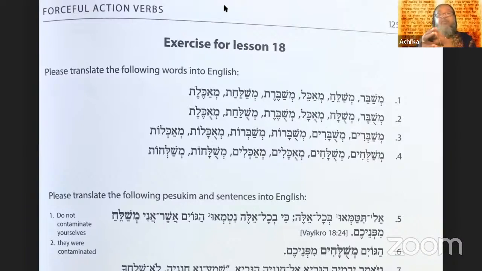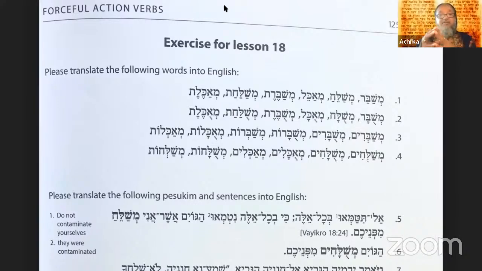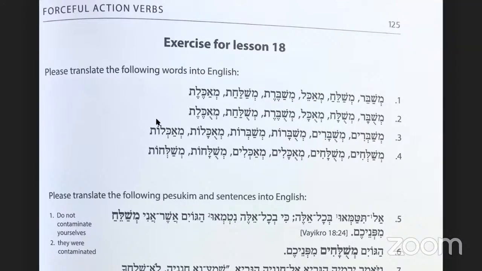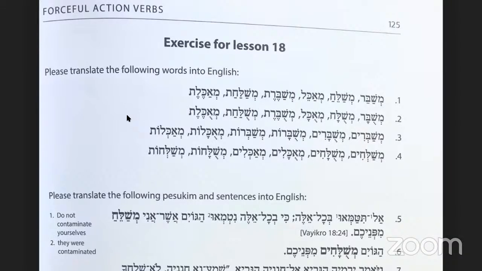How many plurals are in here? One plural. The first thing I want to know is, in that plural you think it is, is it a masculine or feminine plural? There's one feminine plural that I see.